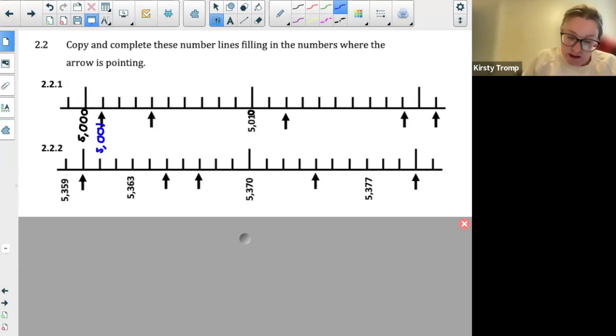This one's going to be 5.002, 5.003, then I'm going to have 5.004, 5.005, 6, 7, 8, 9, until we get to 10. All right. After that one, I'm going to have 5.011, and then 5.012.